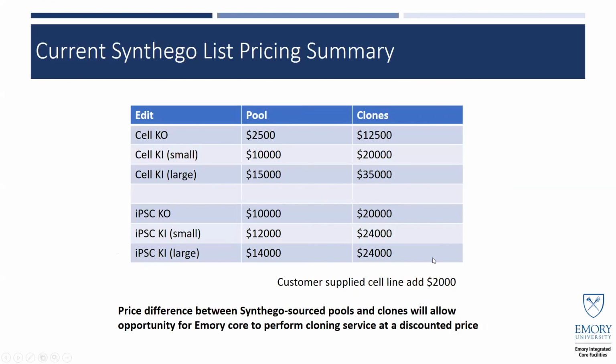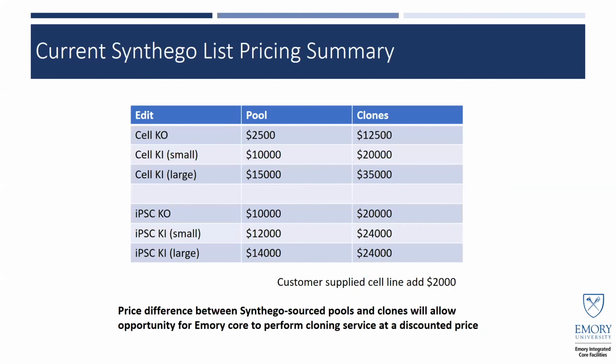So I'm going to summarize here the pricing for each of these. In regular cell lines, a pool now runs about $2,500 for a knockout, and then 10 to 15,000 for a pool of knock-in cells.